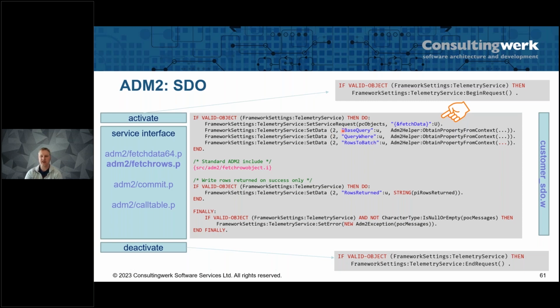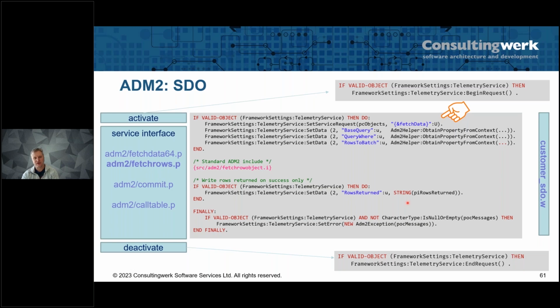Knowing it's fetchRows.p doesn't help us at all. You'll see that this is just a standard preprocessor in the ADM2 code, and we care about the base query and the query where, and we also care about how many rows we want to get, right? If we want to get 1 million rows, of course it's going to be slow. If we want to get 200 rows, maybe not. And then on the results side, we say, how many did we actually get? That may be useful.